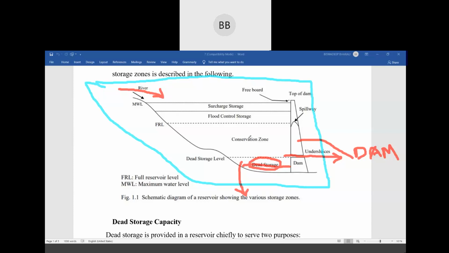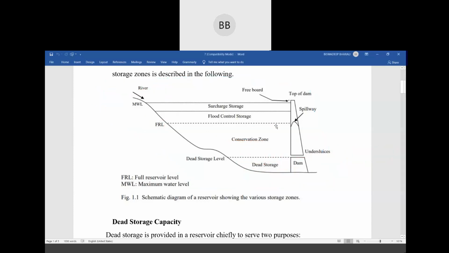That's why this storage is called dead storage. And this is your FRL, which is nothing but full reservoir level. This part is fully usable water, this zone. This part is fully usable.